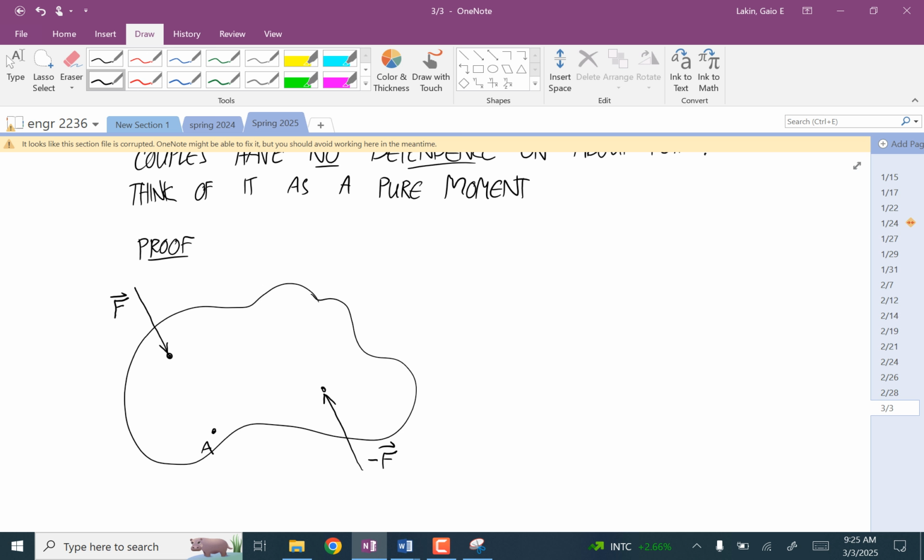I'm going to call the place where the force F is applied P1, and where the force negative F is applied, I'm going to call P2. Or maybe this makes more sense, call it P plus and P minus. That does make more sense. I'm going to do that from now on.